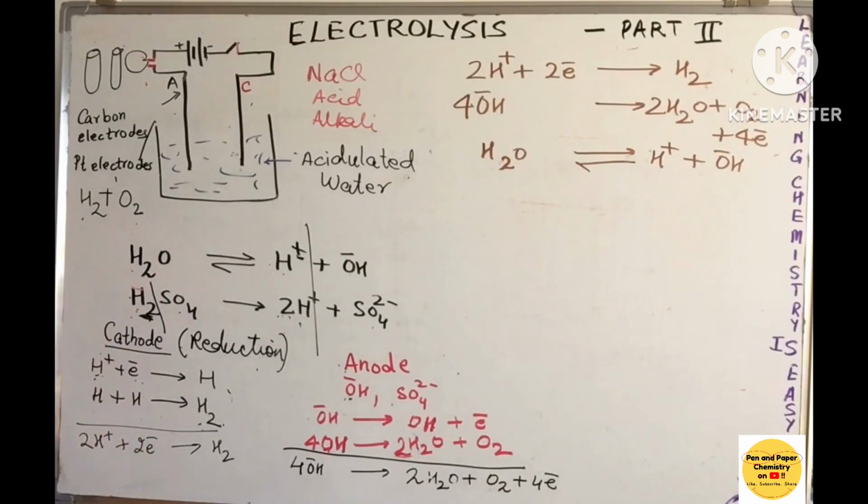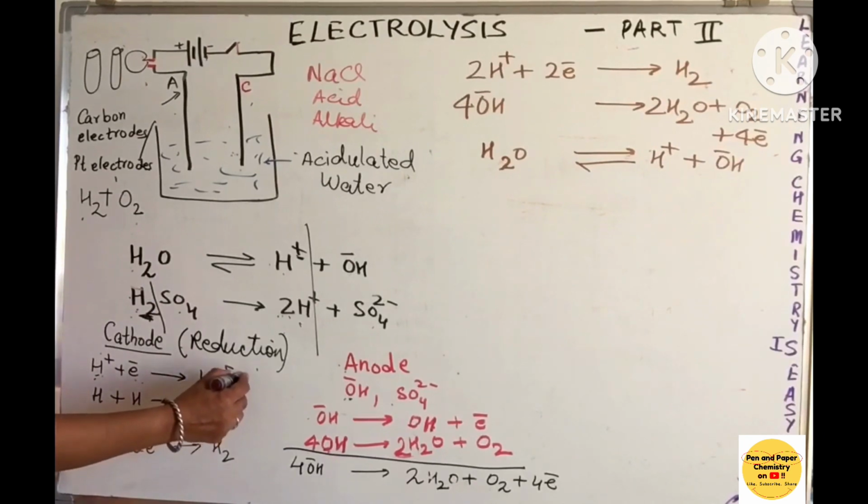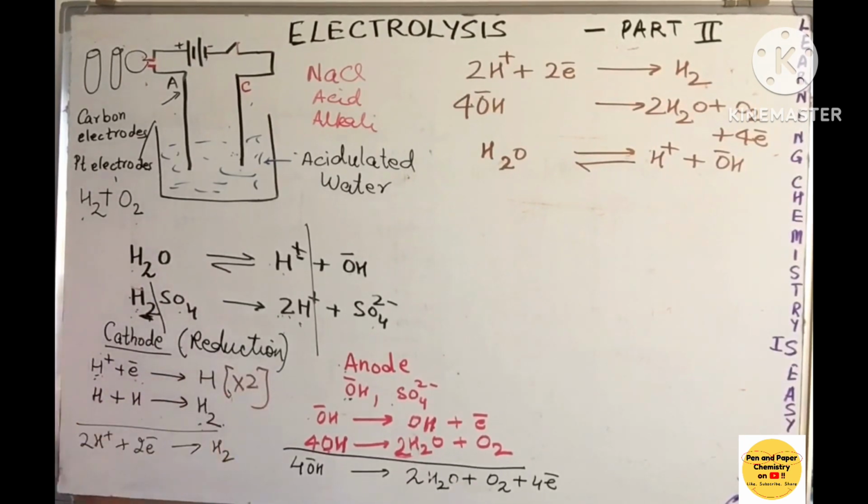Starting with the cathode, we need two hydrogen atoms to form hydrogen gas. So we multiply this equation by 2. Add the two equations, the two hydrogen atoms will get cancelled. Here is the product, here these are the reactants. So I have the final equation on the cathode as 2H positive plus 2 electrons gives us H2.